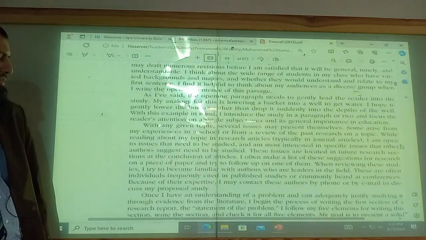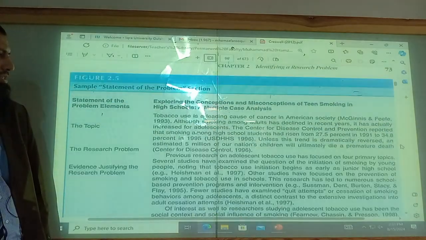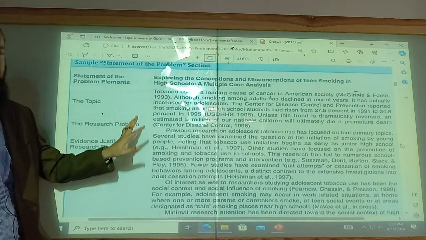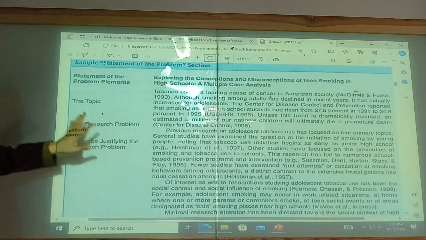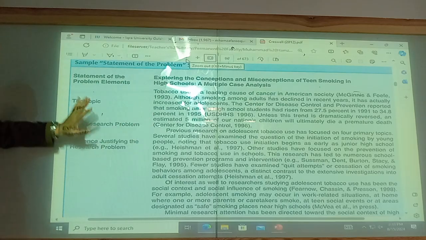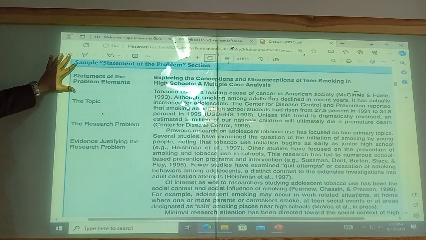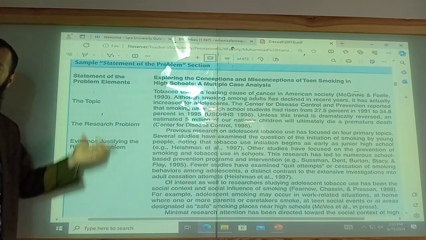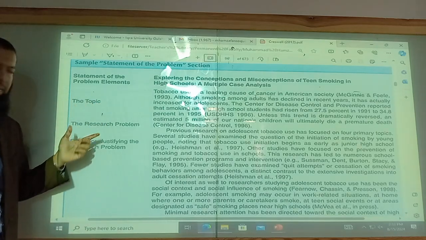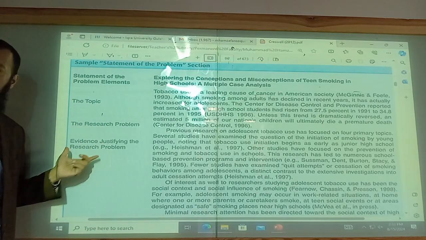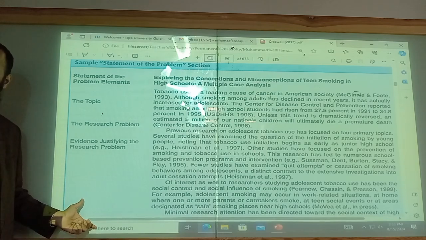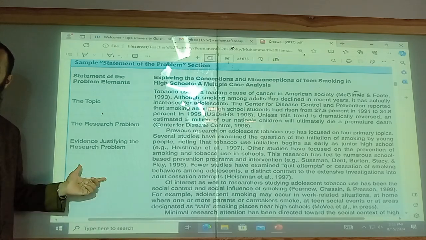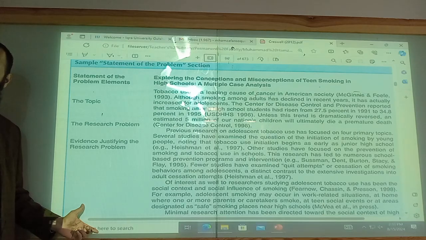Move ahead. Yes. Okay, this is the sample statement of the problem. As I already mentioned, there are different elements. First is the topic, second is the research problem, third is the justification, and the fourth is the literature gap.